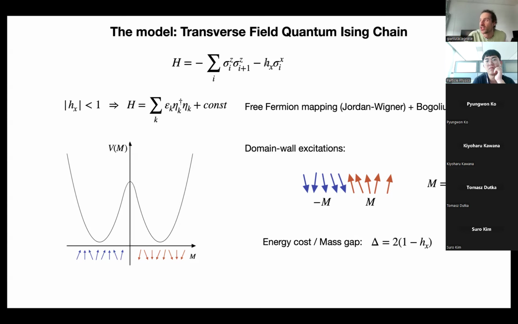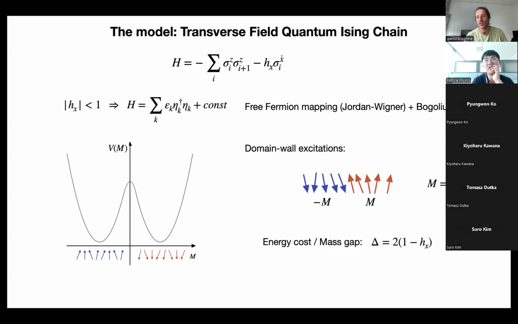In the limit where hx is infinitely large, everything is polarized along the x direction, and you have a product of 1 over square root of 2 of up and down locally.